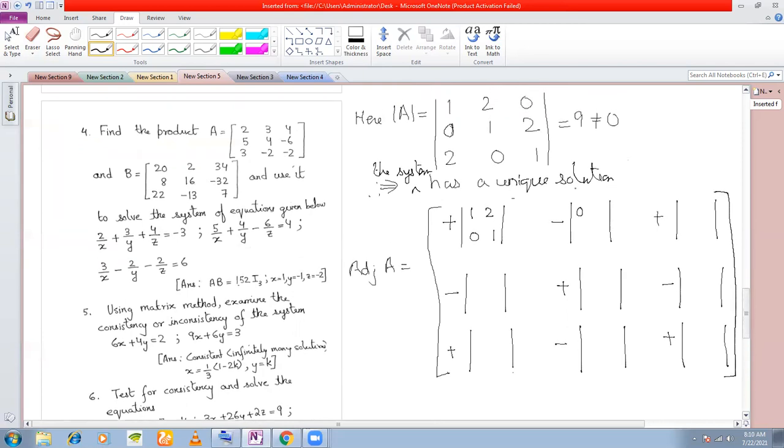Just check with the matrix, okay? All this transpose.